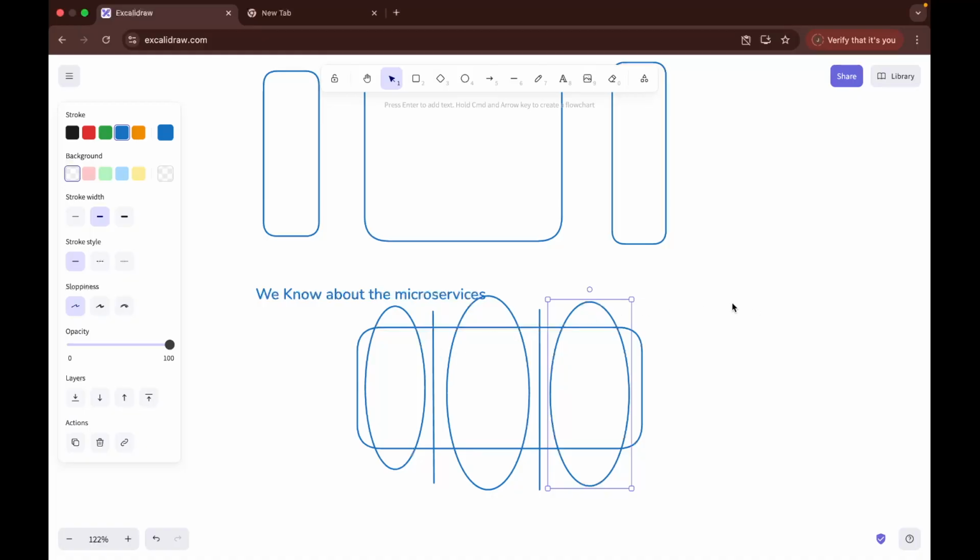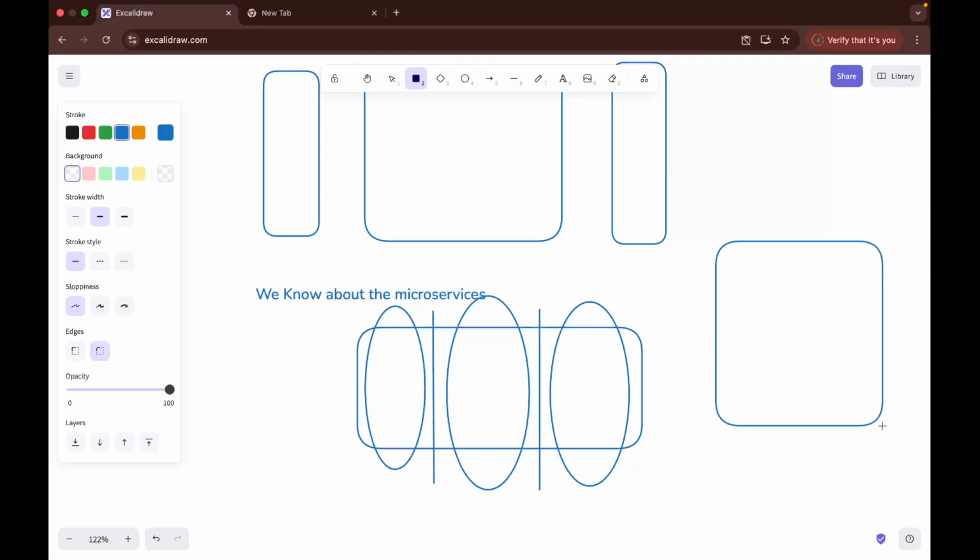So what is a monolithic architecture based project? In this project we add everything: the UI part, the business logic part, and the data access layer part, all together in one project, and it will work with one database.